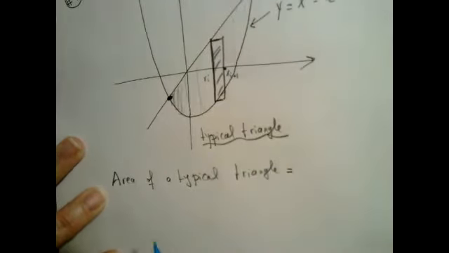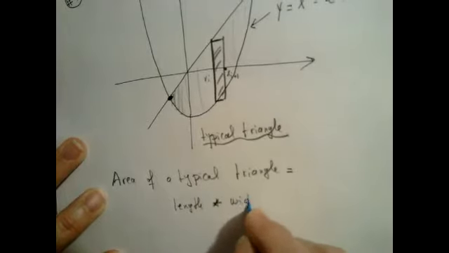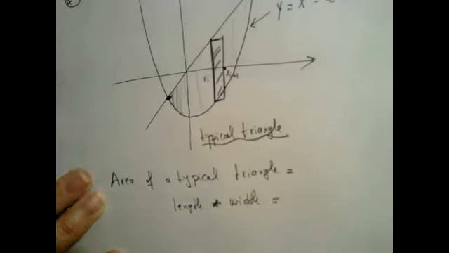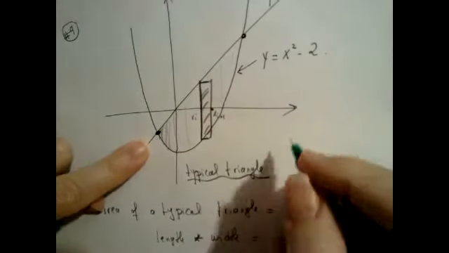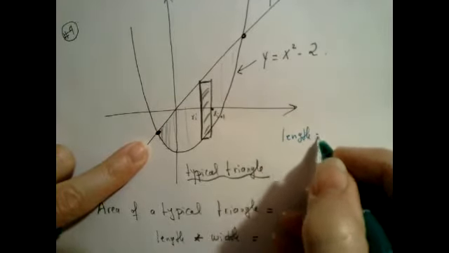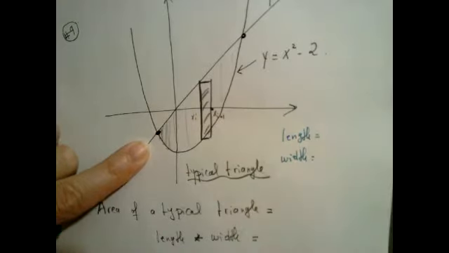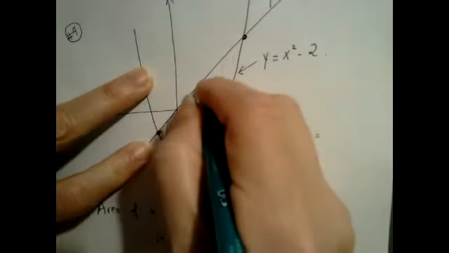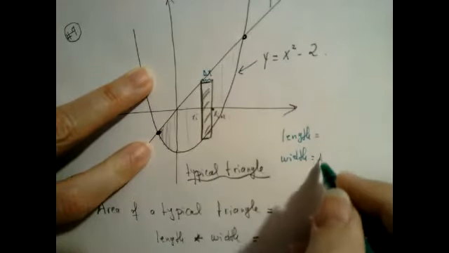It is equal to the length times the width. Let's see, what's the length of a typical rectangle, and the width? Once we know that, we're almost done with the problem. The width of the rectangle is the delta x. That's every width.